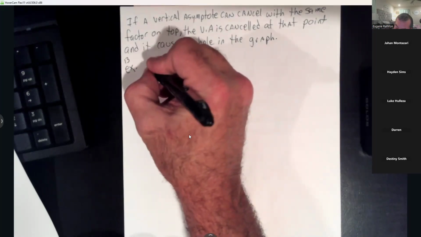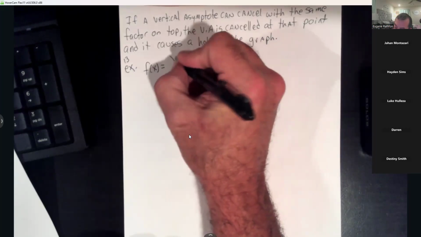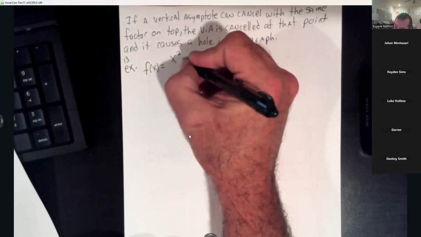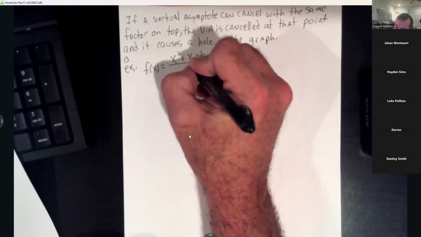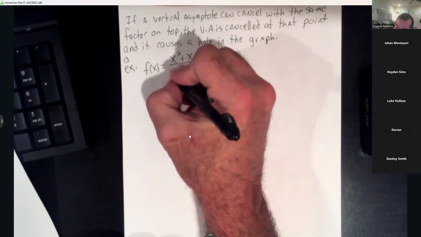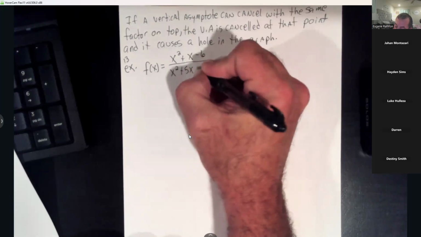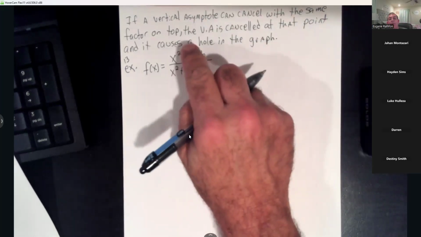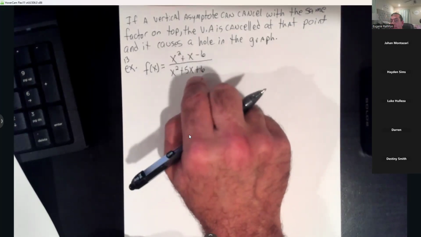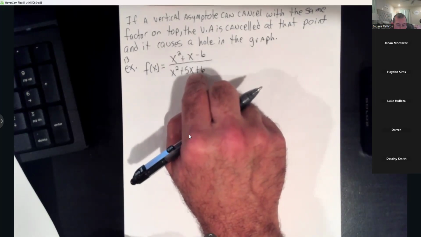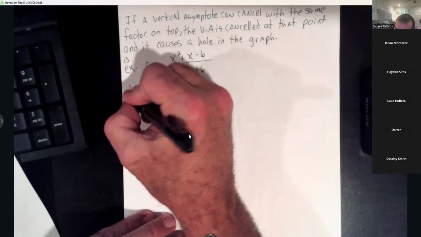They're giving us f of x equals x squared plus x minus 6 over x squared plus 5x plus 6. So this is an example where I would factor the top and the bottom. Okay? So we'll start out doing the bottom because we got to find our domain first.